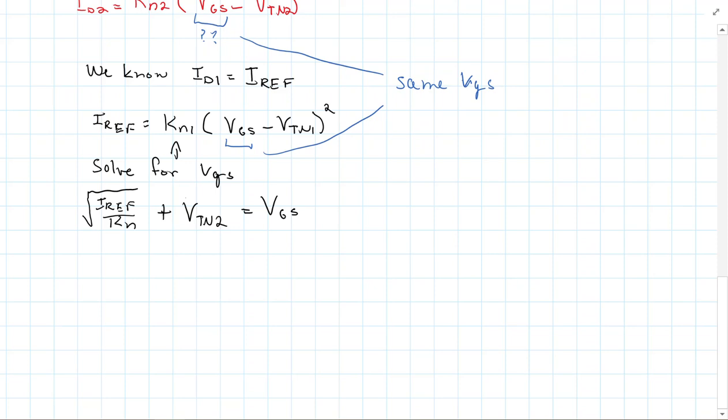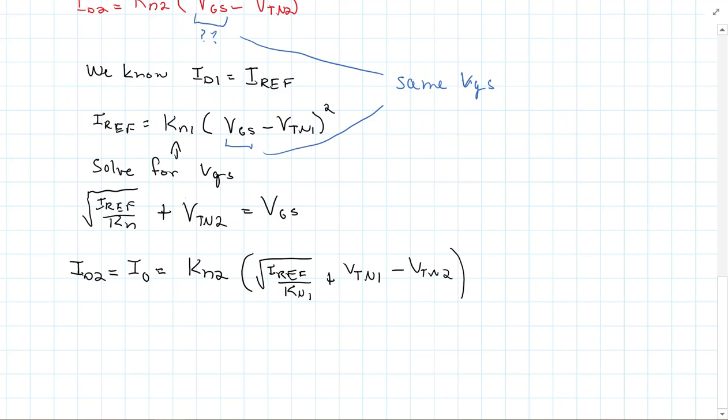And so then what do we get here? We get that ID2, which is I out, is equal to Kn2 times the square root of Iref over Kn1 plus VTN1 minus VTN2, quantity squared.